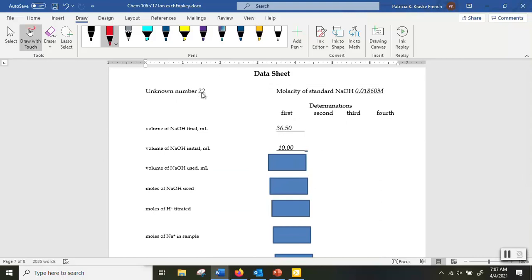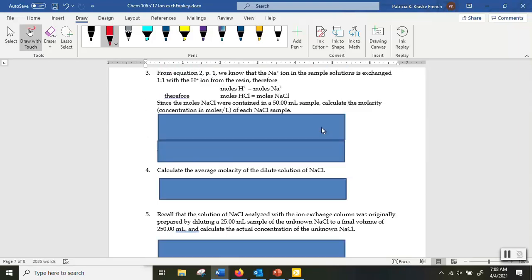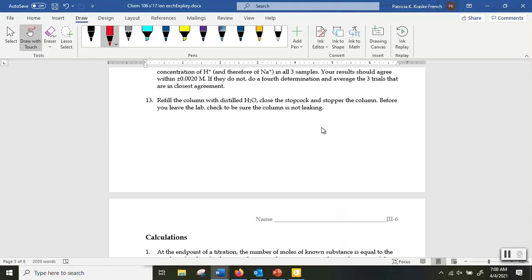Well, a couple of things. First of all, I think you'll have an unknown letter. And second, the molarity of the standardized NaOH that you actually used. This is mine. Third, the volume of NaOH that you used, and fourth, the volume of NaOH that you started with.